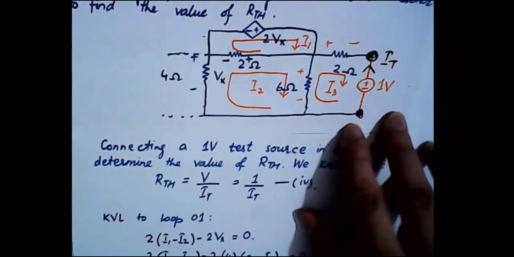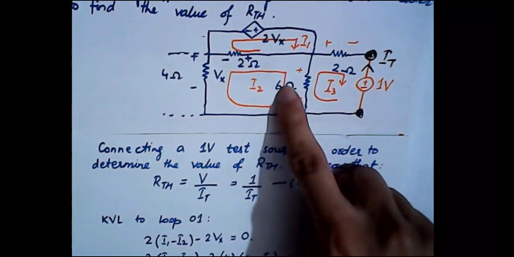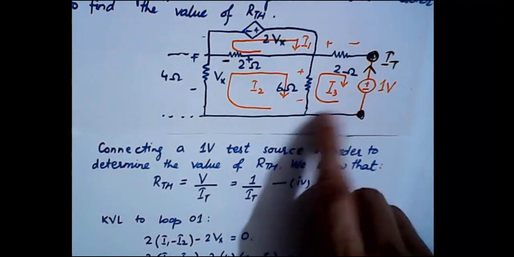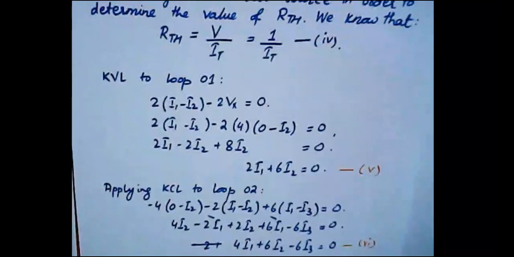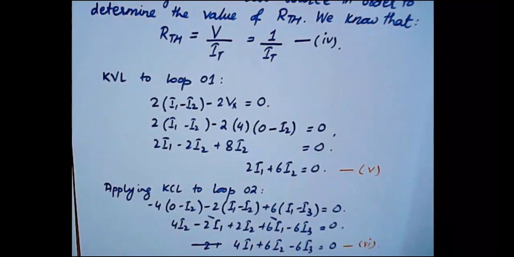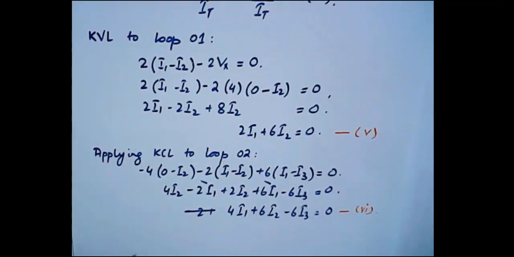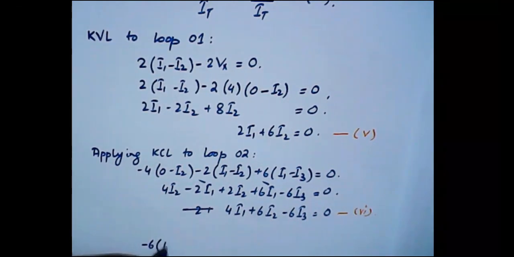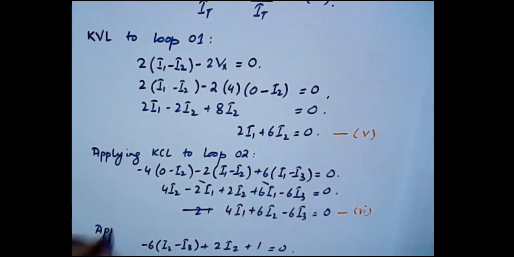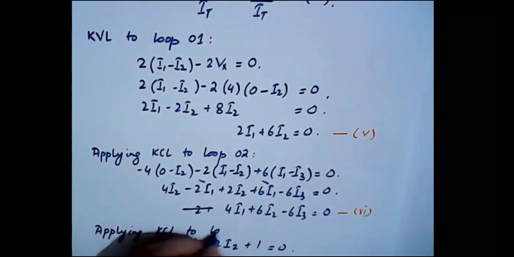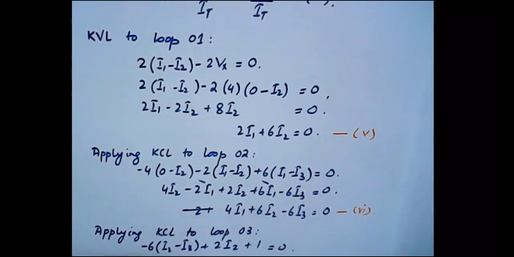Now again we need to apply KCL to loop 3. This is comparatively easy. Minus 6 times I2 minus I3 plus 2I2 plus 1 is equal to 0.